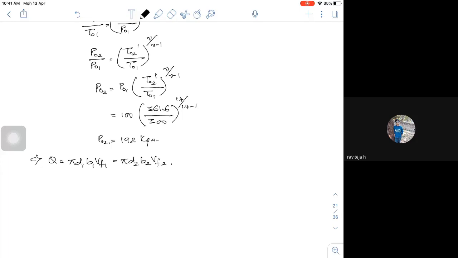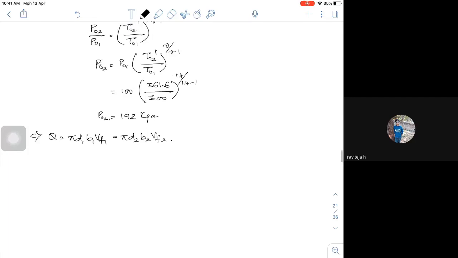Here they have given B1 as 60 mm or 0.06, and D1 is 0.3. VF1 is equal to VF2, which is 120 meters per second and remains constant. So pi into 0.3 into 0.06 into 120.